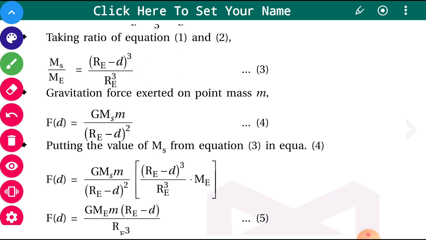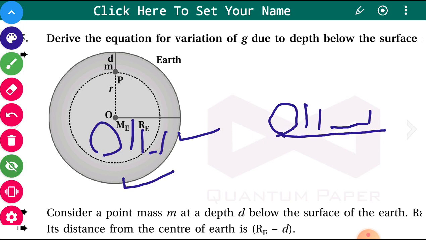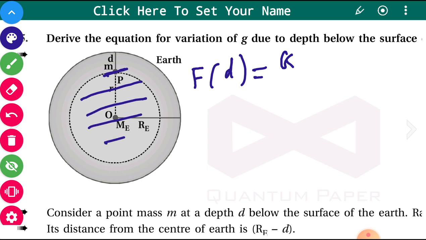Okay, now the gravitational force, if you want to find, is G m1 m2 upon distance square. The mass which is kept here is small m. So the force at depth d on the object of mass m is G, then the mass which is below, that is ms, times m, upon the square of the distance.